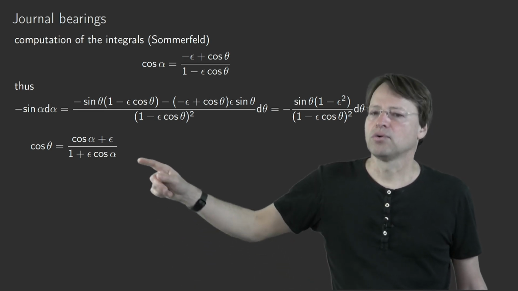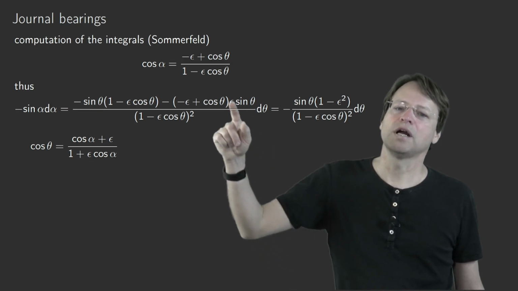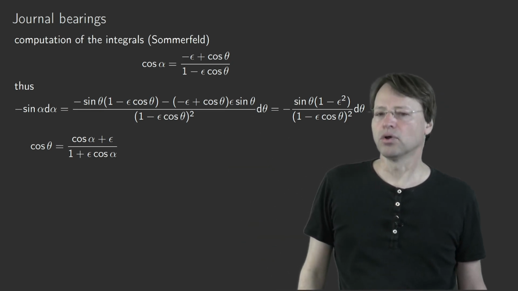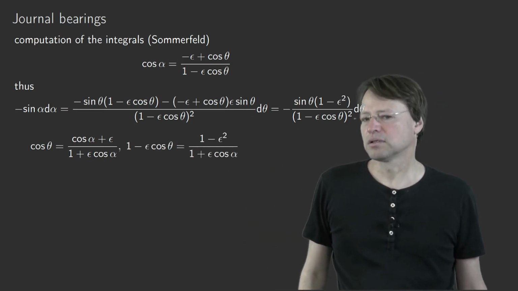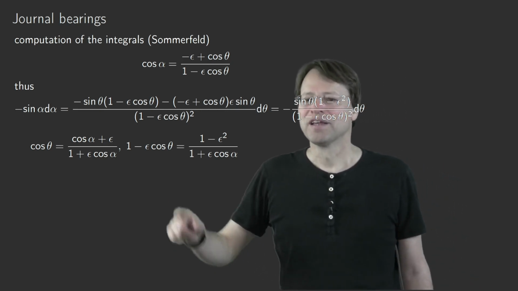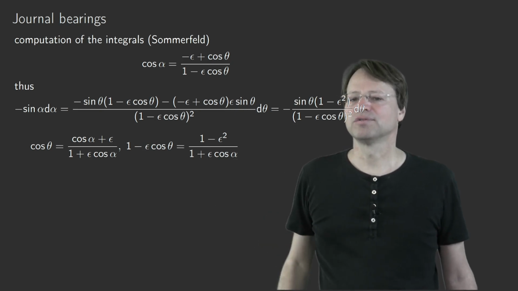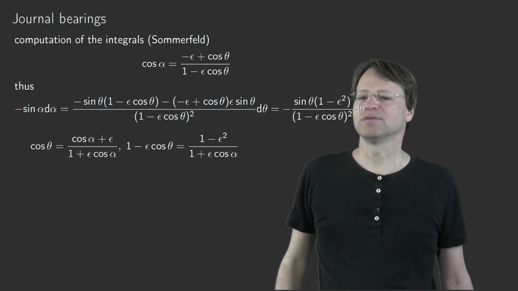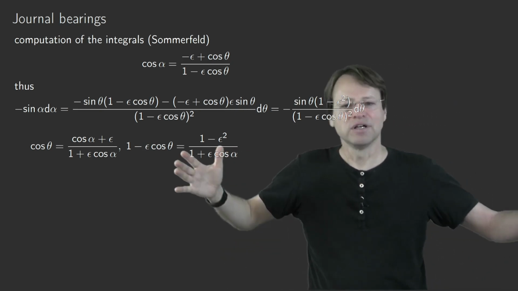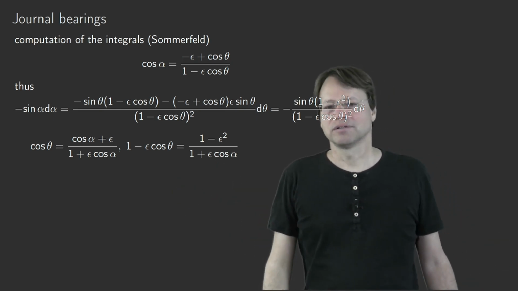Also, if you have cosine theta, the computation of 1 minus epsilon cosine theta is not difficult. You just multiply the result by epsilon, and instead of 1, of course, you write 1 plus epsilon cosine alpha divided by 1 plus epsilon cosine alpha. You add everything together.